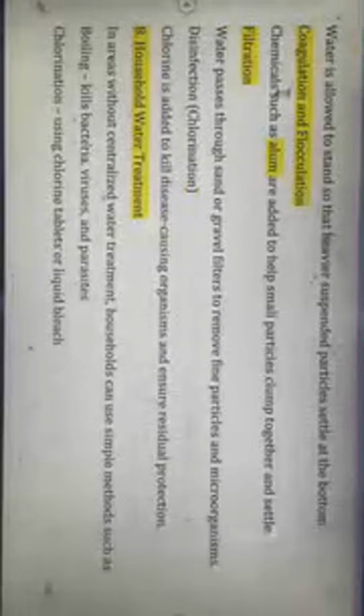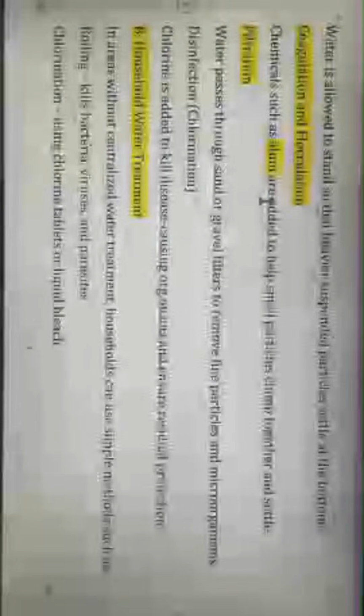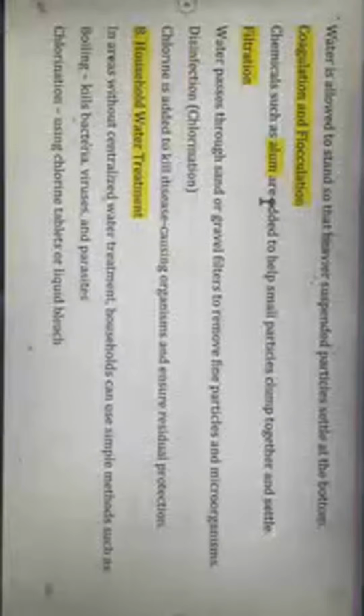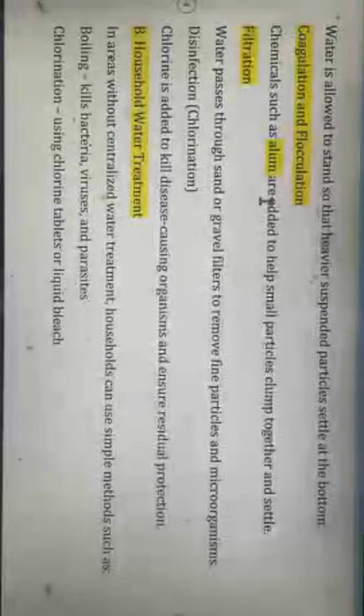Chemicals such as alum are added to small particles so that they clump together and settle. The next is filtration. Water passes through sand or gravel filters to remove fine particles and microorganisms.